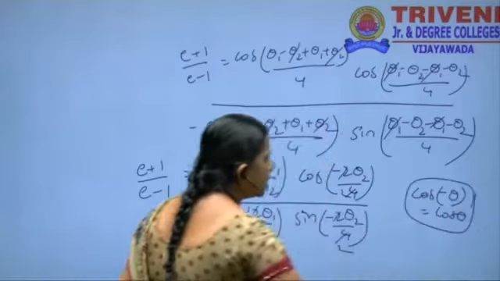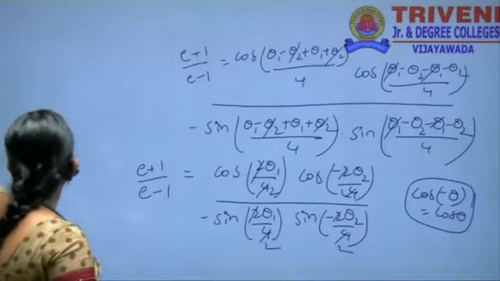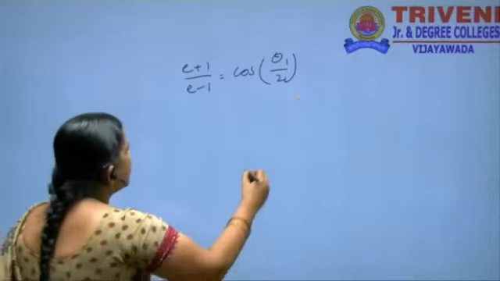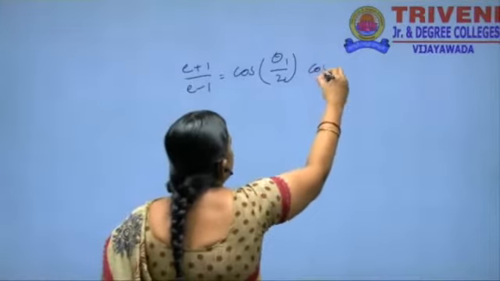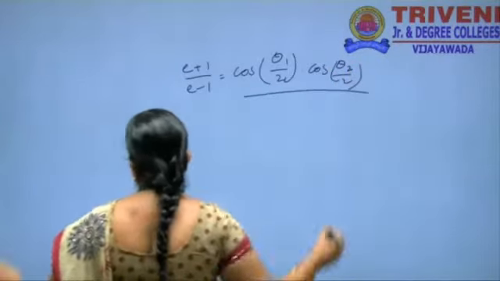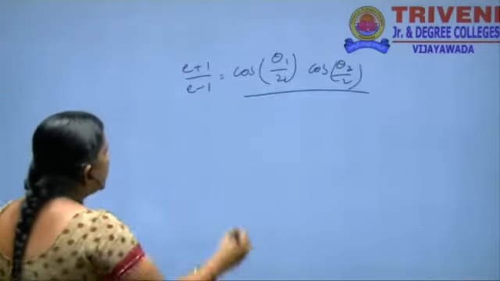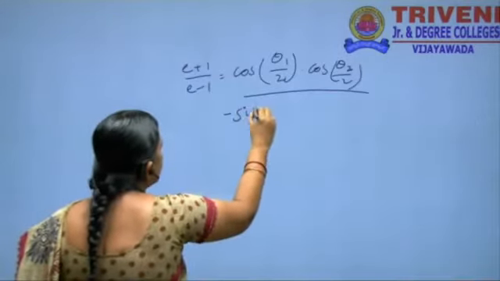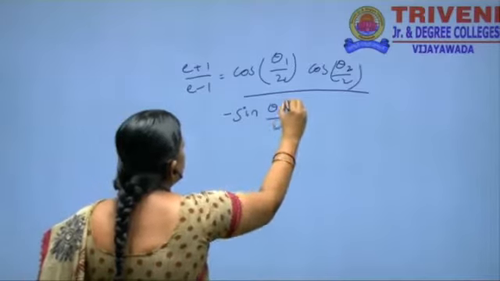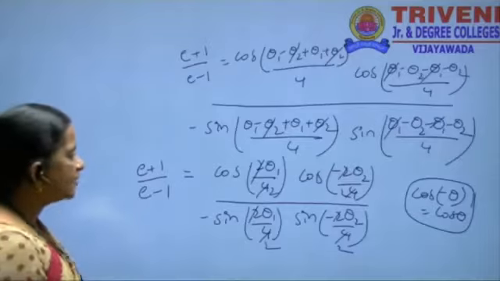This is the formula. Applying it here, cos of minus theta 2 by 2 is equal to cos of theta 2 by 2, divided by minus sine of theta 1 by 2 into sine of minus theta 2 by 2.